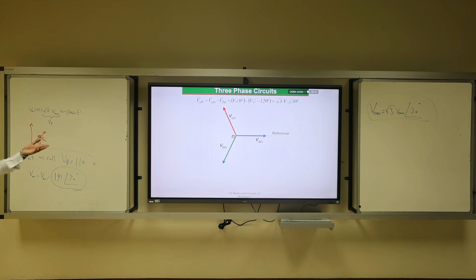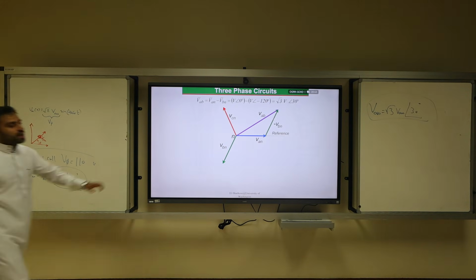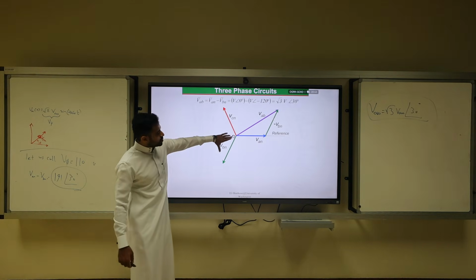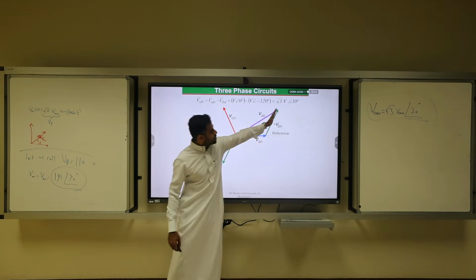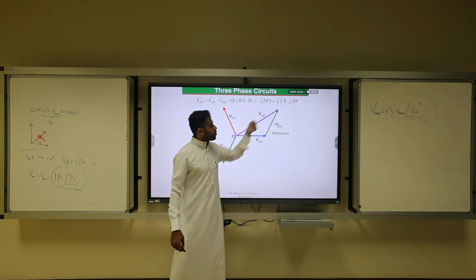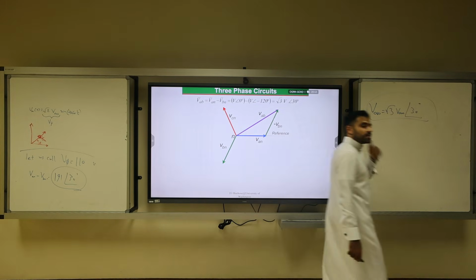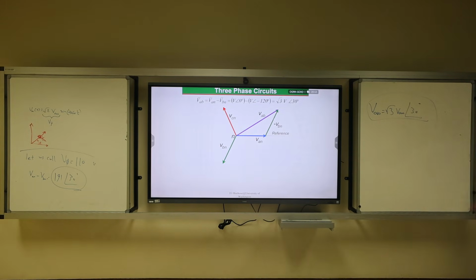And this is basically the vector diagram. Take the VBN, subtract it, means you put it this way. We can move it here. If you add them, you will have VAB. It's very important. This is very crucial. Most power engineers don't know this information.